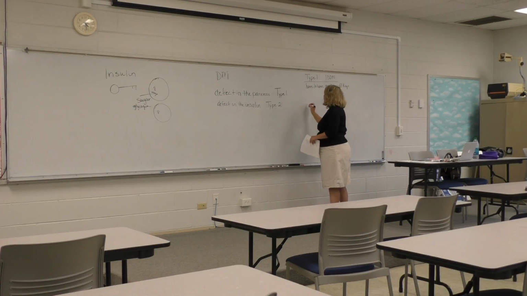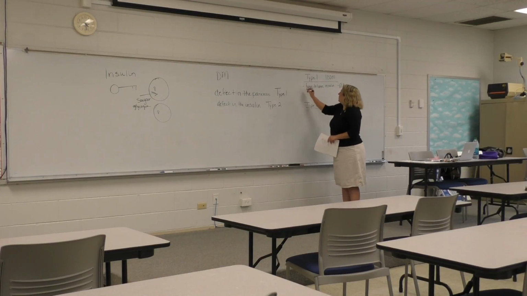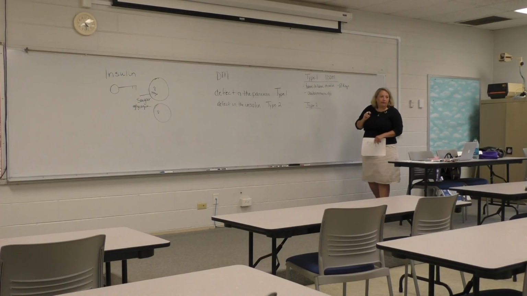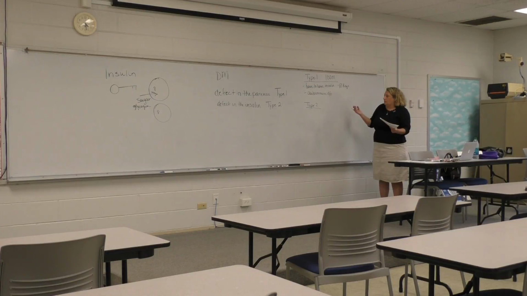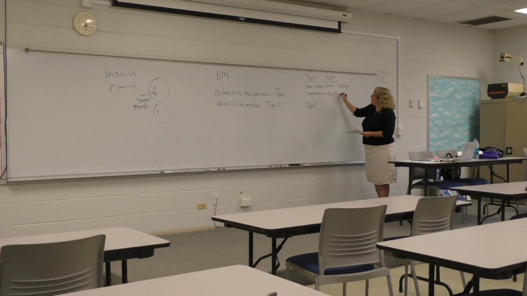Now, type 1 can be caused by an autoimmune disorder somehow. The body just starts attacking its own pancreas. Or they have linked a lot of type 1 to viruses.